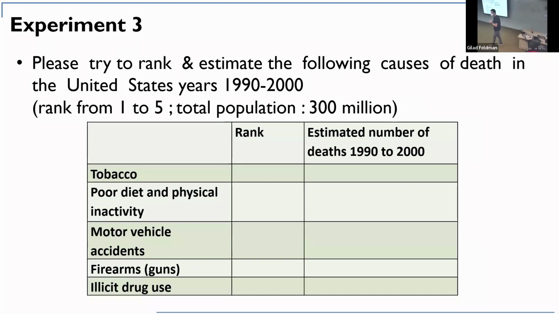Right. Yeah, so there are some things over here that tend to be reported in the media a lot more than others. What does the media focus on the most over here? Sorry, firearms, yeah. So people tend to think firearms are, because they are more available. We see this in the news all the time, yeah?